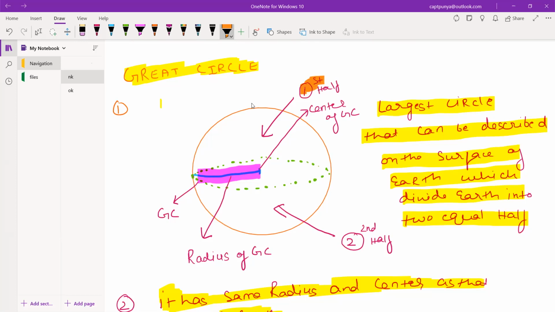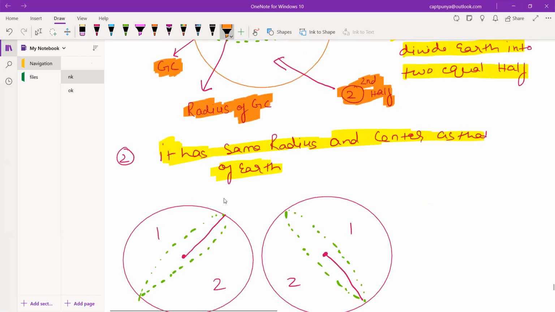So this was our first half, this was the second half, and this green circle I have drawn is your great circle. This is the radius of the great circle, and this is the center of the great circle. And we have seen that it has the same radius and center as that of the earth.